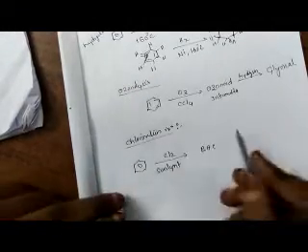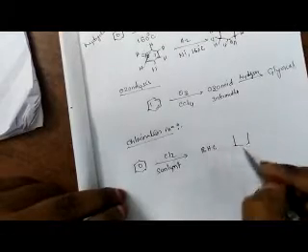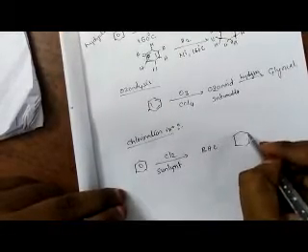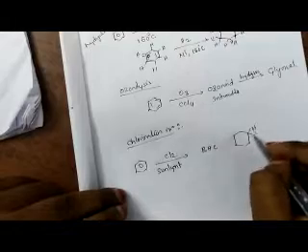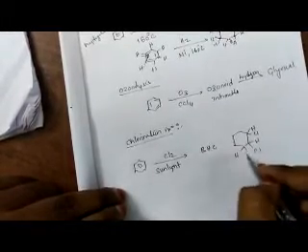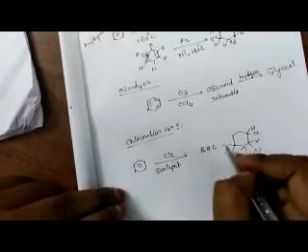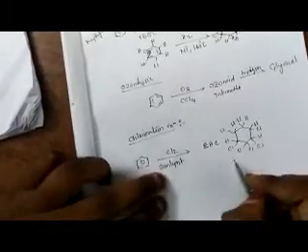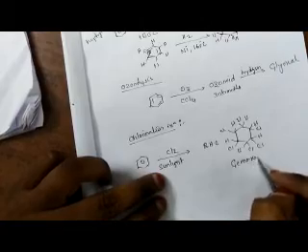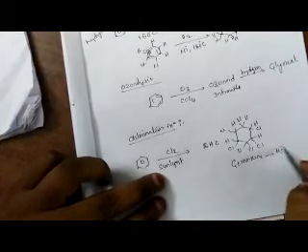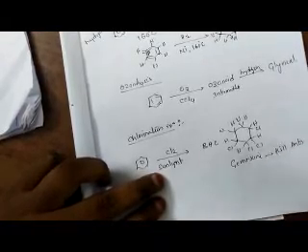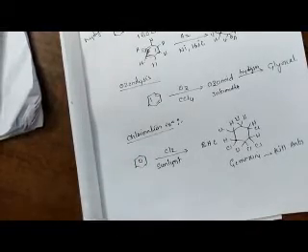The general structure of BHC has hydrogen and chlorine alternating on each carbon of the ring. Its general name is gamaxane, generally used to kill ants. In every home we have this gamaxane to kill ants.